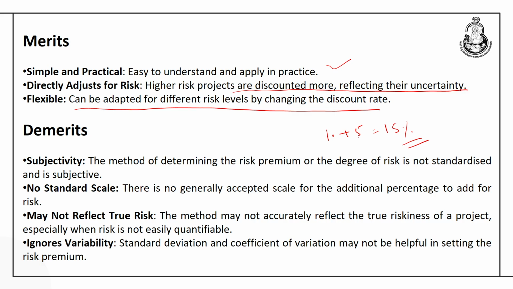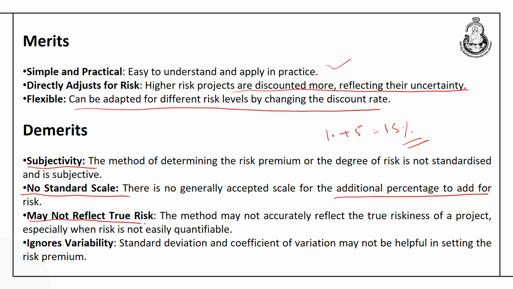When it comes to demerit, again the strength of the method can also be seen as a limitation, because there is a lot of subjectivity in the process of assuming the risk premium and thereby discounting the cash inflows to a present value. There is no standard scale whereby the additional percentage of risk premium can be added over and above the risk free rate.